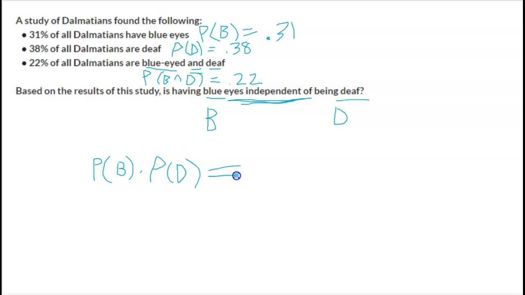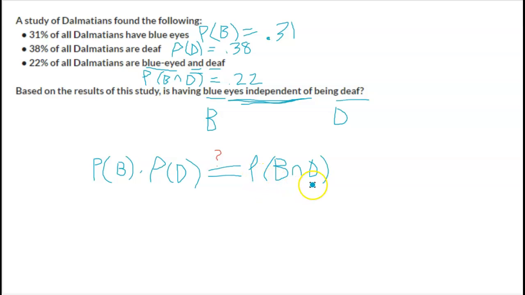is equal to, I'll put a question mark, I'll put it in red because it's a real question, right? Is that equal to the probability of B intersect D, right? The second method. Why? Because they gave us the intersection and they gave us the two individuals. That's one way to check.